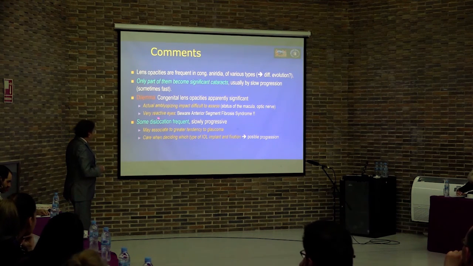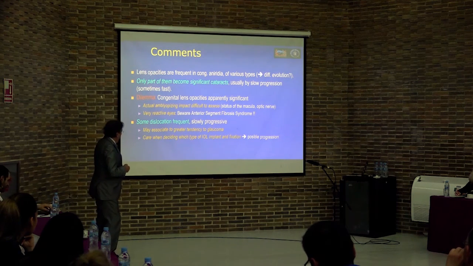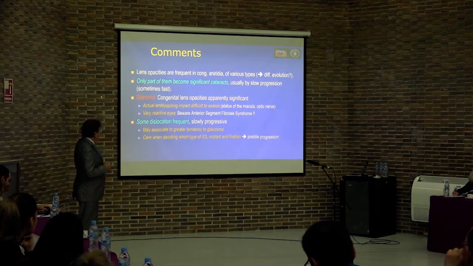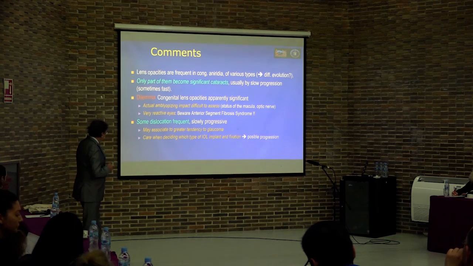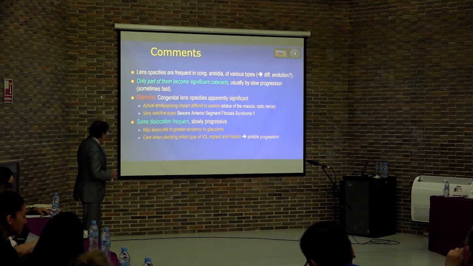Regarding dislocation, it is slowly progressive, and again it's difficult to decide when is the moment to do something about it from the surgical point of view. But it's also important to remember that it has been associated with a greater tendency to glaucoma.